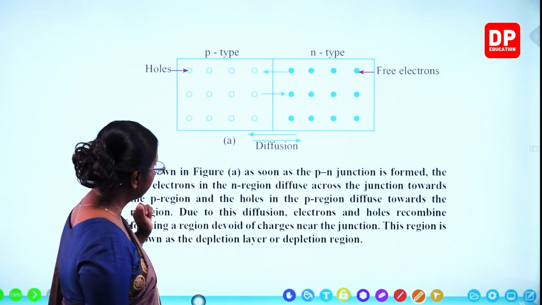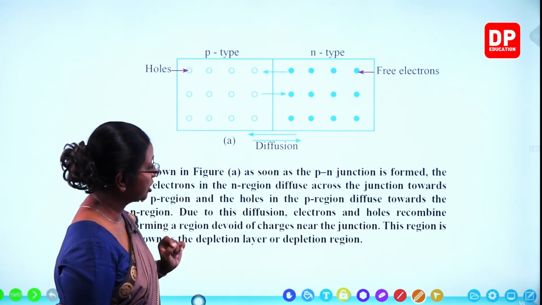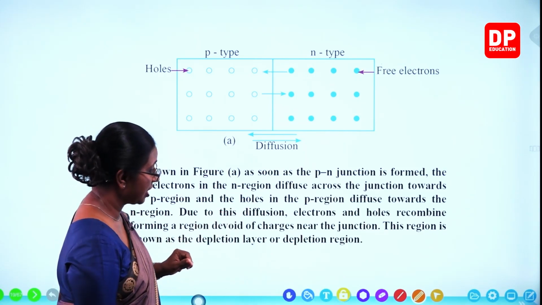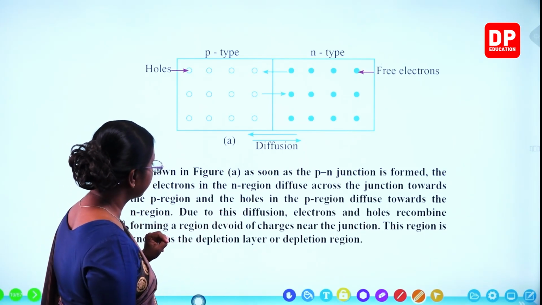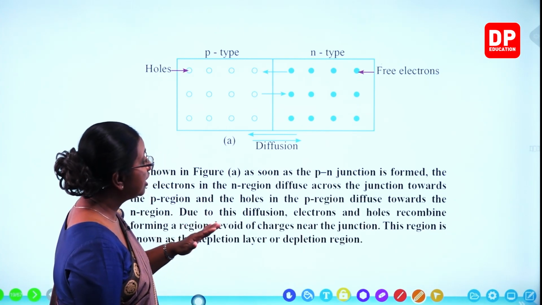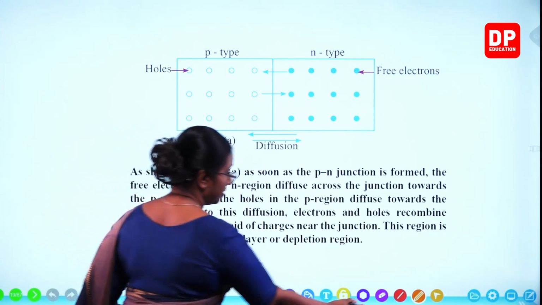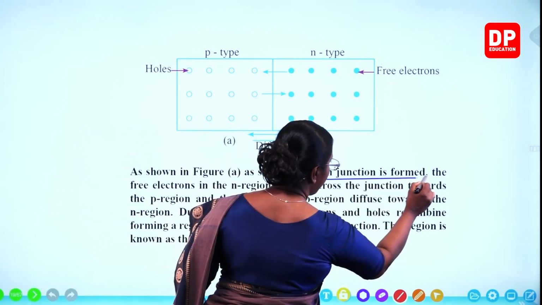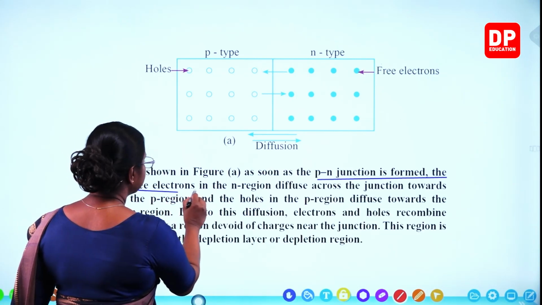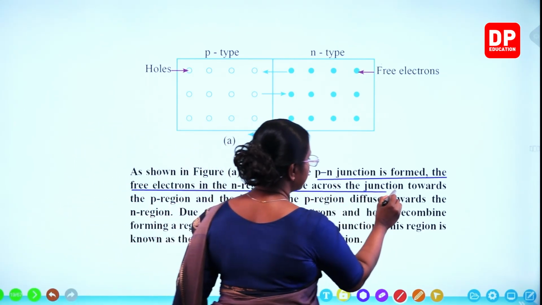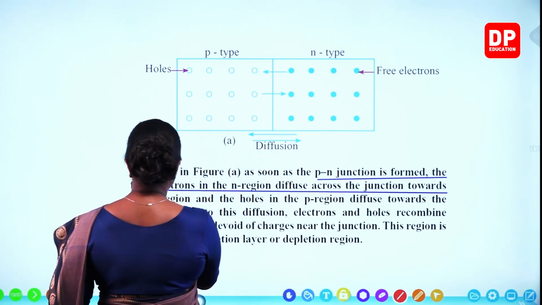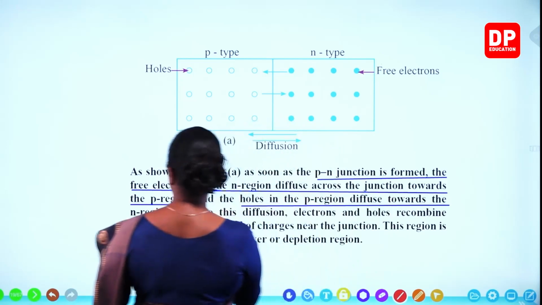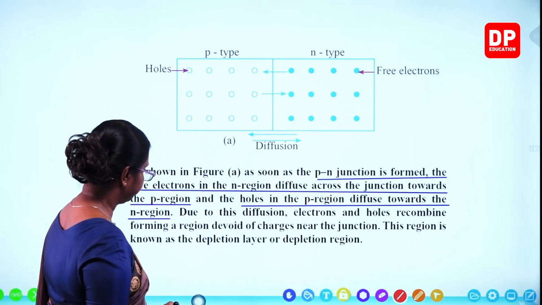As shown in figure A, as soon as the PN junction is formed, the free electrons in the N region diffuse across the junction towards the P region and the holes in the P region diffuse towards the N region. So that is something you have to remember. The PN junction is formed. The free electrons in the N region diffuse across the junction towards the P region and the holes in the P region diffuse towards the N region.